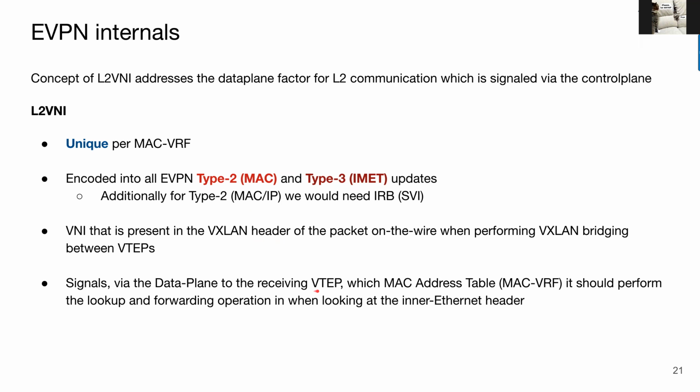And when the remote VTEP receives this type 2 or type 3 route, then the VNI is going to tell us which MAC address table, aka MAC VRF, it should either perform the lookup in or add information to, and then forward it according to our inner Ethernet header.